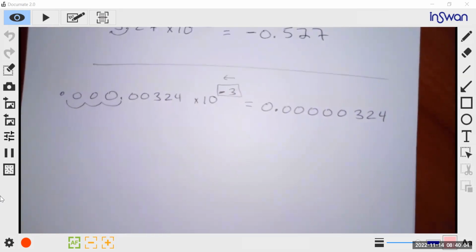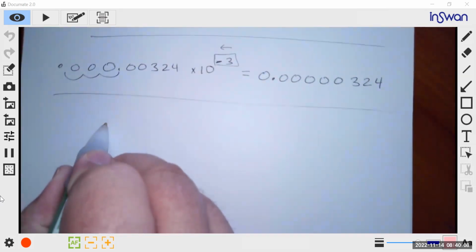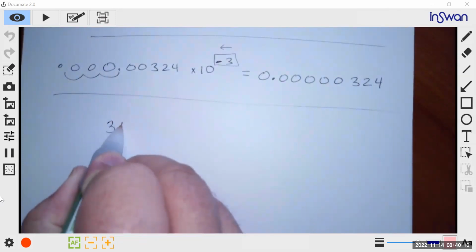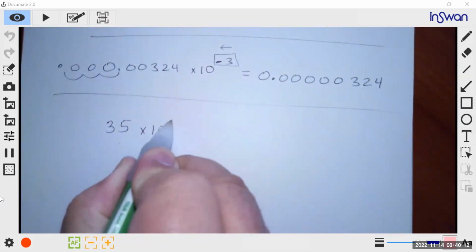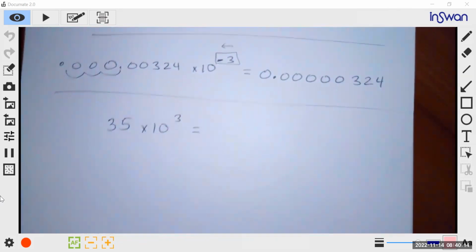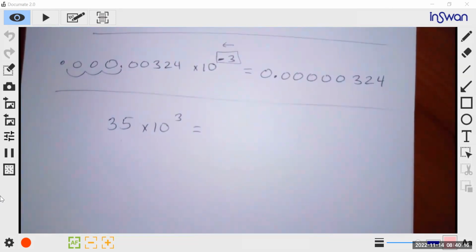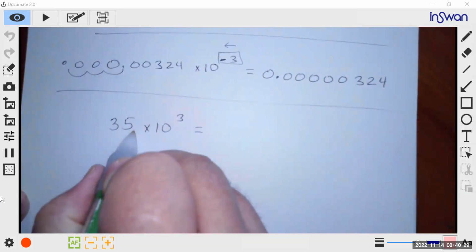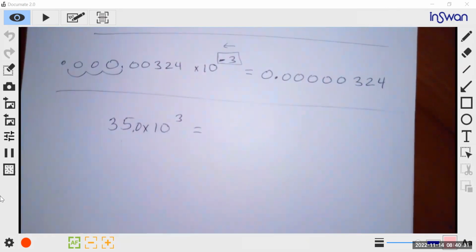Now, I want you to convert these numbers, even though they look like scientific notation. Put that into scientific notation. 35.0.